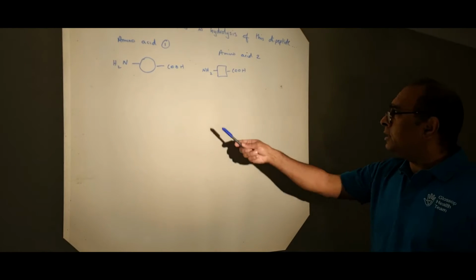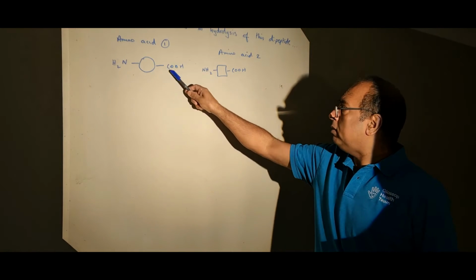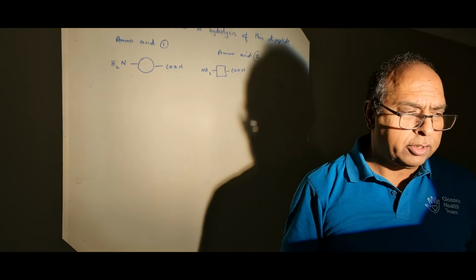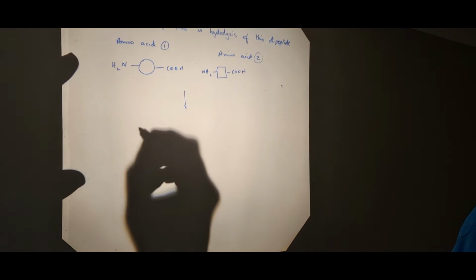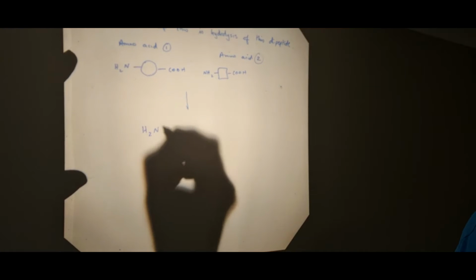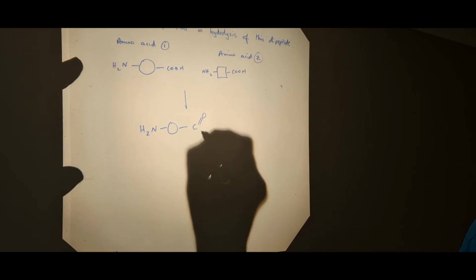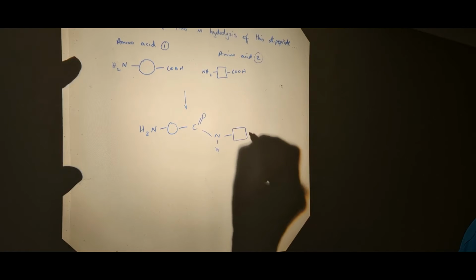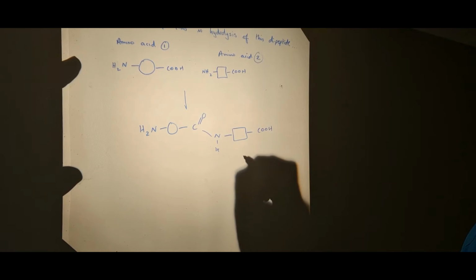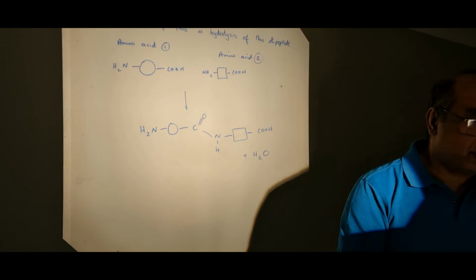And the way I want to do it is I want to consider, say you've got an amino acid 1 and amino acid 2. So 2 amino acids, bring them together. You guys know that this will react to give you this.